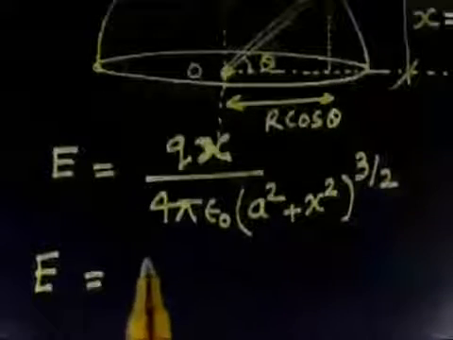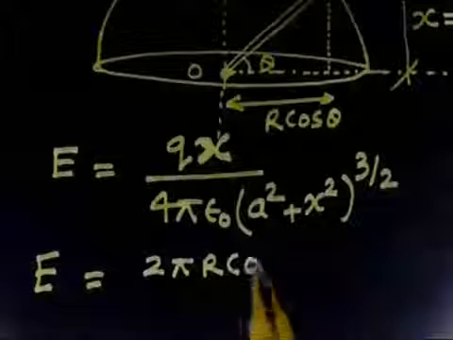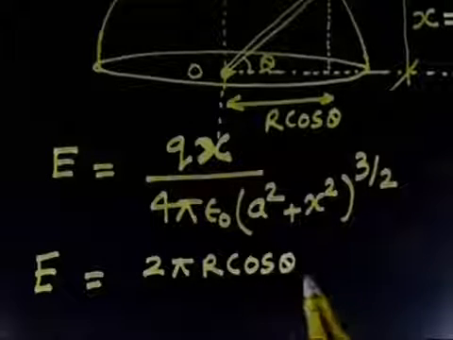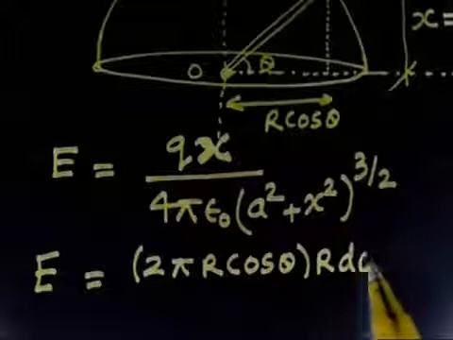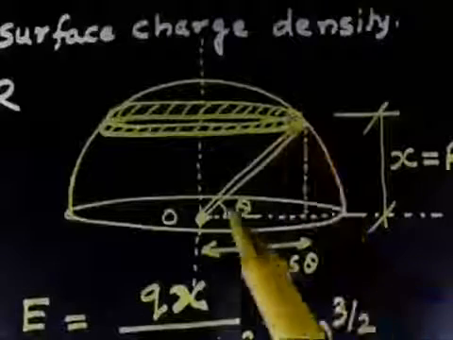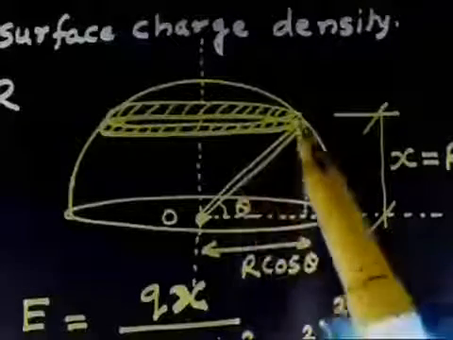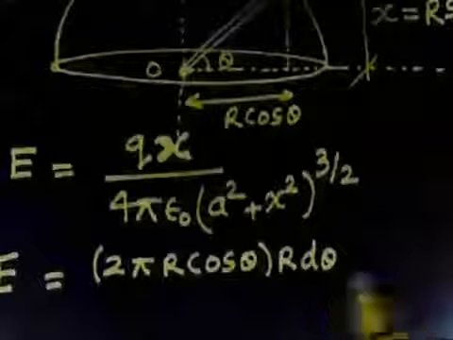The area of this ring will be 2 pi r cos theta, the perimeter, into the thickness r d theta. Are you getting or not? This thickness is r d theta, since this is r and this angle is d theta. So this is the area of the elemental ring.